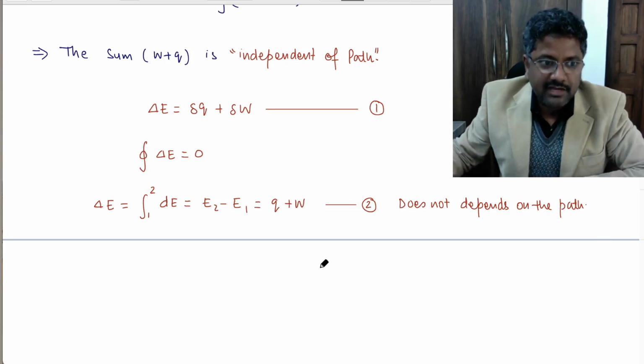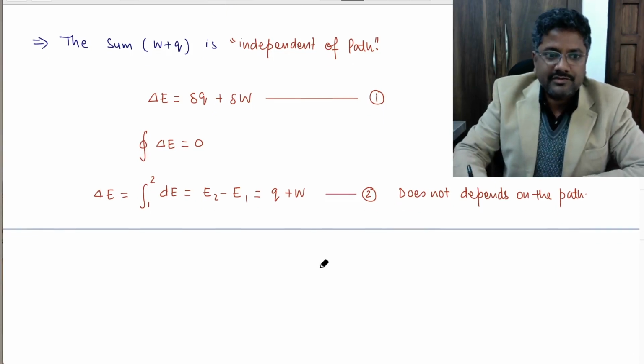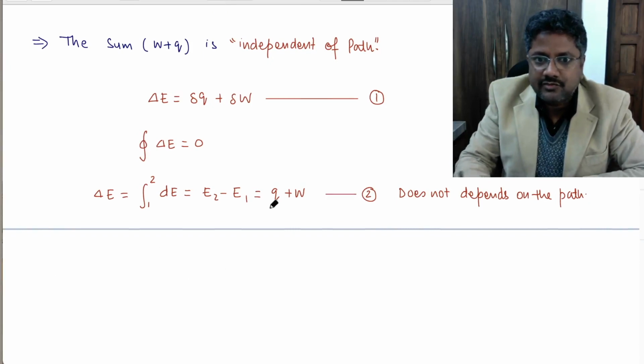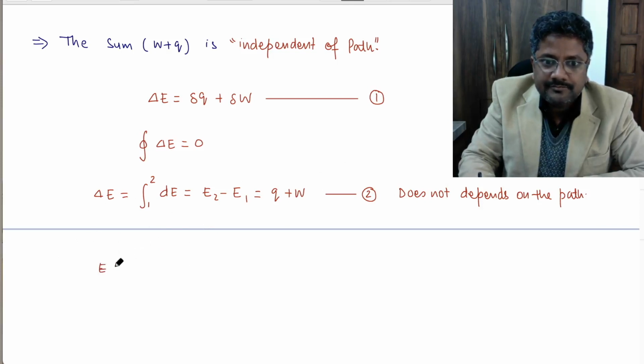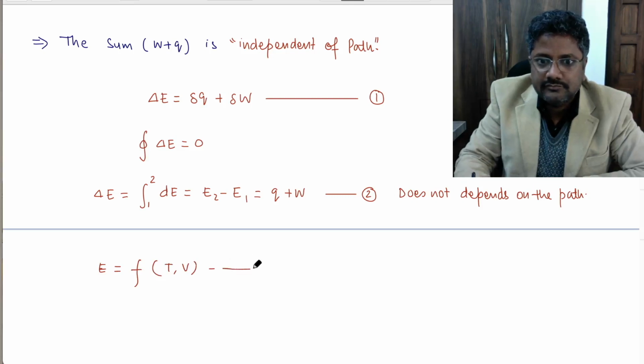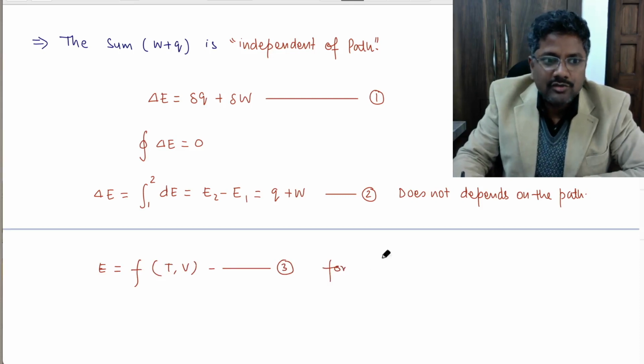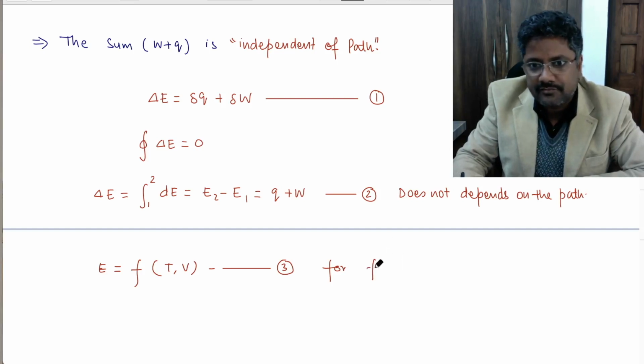So we can write, as the property of a state function, that E is a function of T and V for fixed moles n.